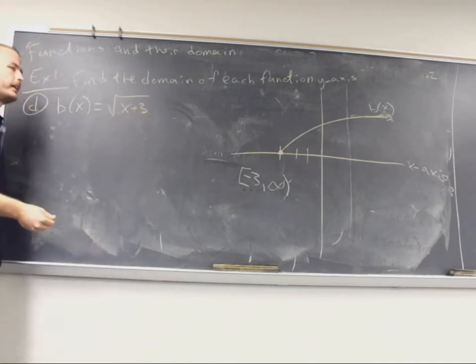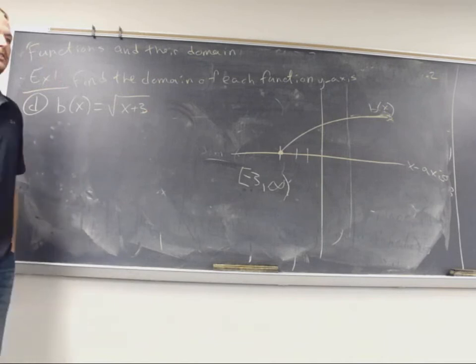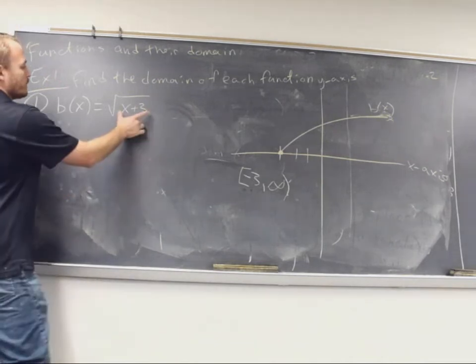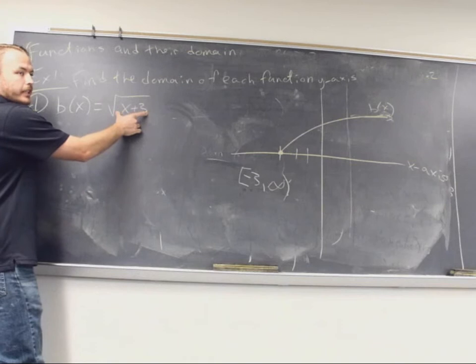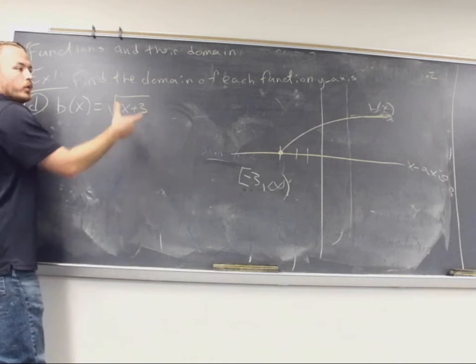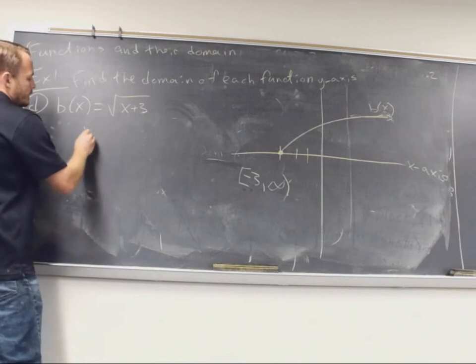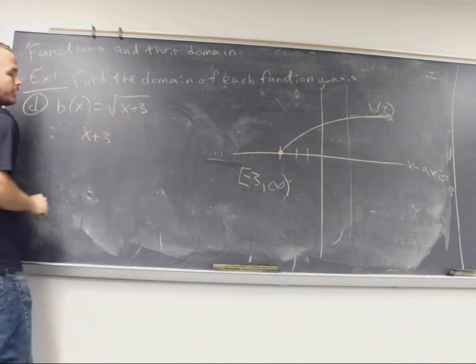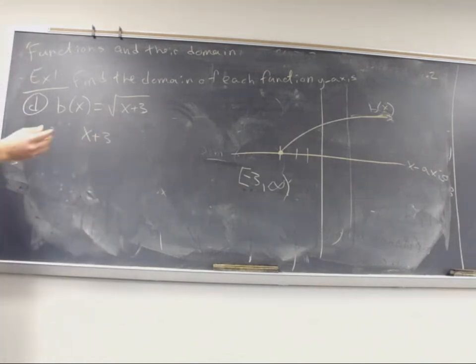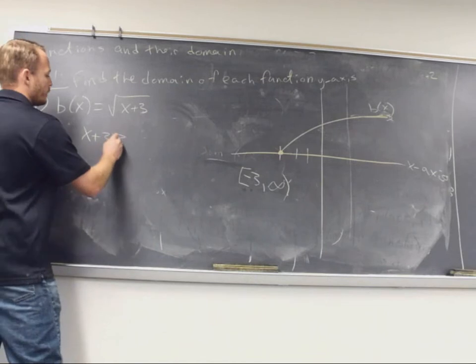You can't take the square root of a negative number. So whatever is inside of here, this x plus 3, has to be positive, and it can be 0 also. So what you do is you take the inside of that square root, so x plus 3, and you want to make sure that that's always greater than or equal to 0. So that's what you do here. You set it greater than or equal to 0.